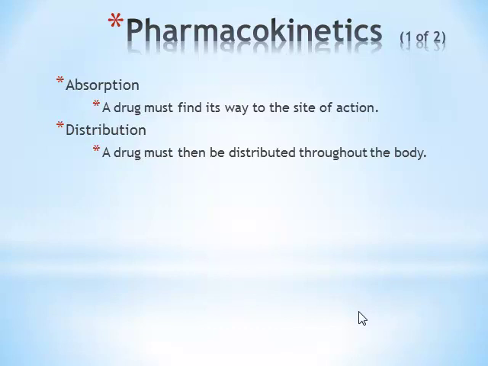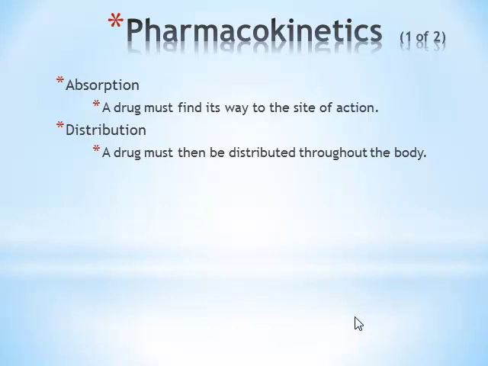medication's effect. The four processes of pharmacokinetics are absorption, distribution, biotransformation, and elimination. So what is absorption? Well, absorption is the medication is absorbed into the circulatory system, and then the drug has to find its way to the site of action.